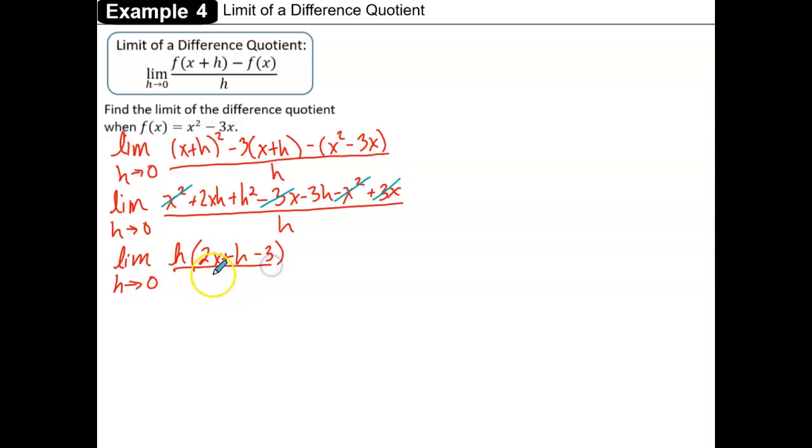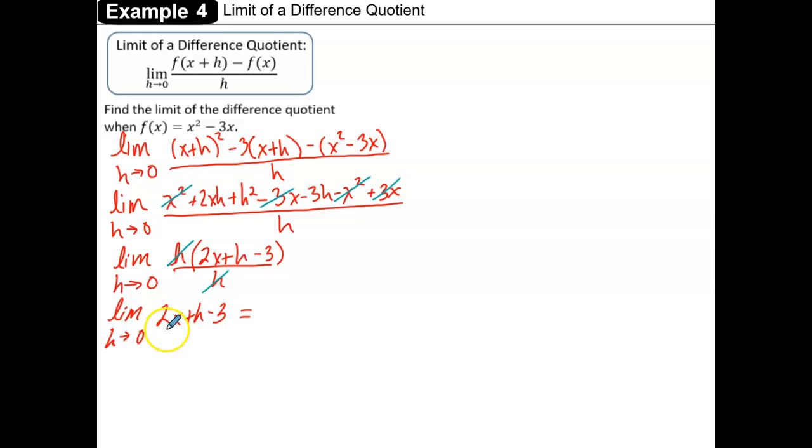And that's all divided by h in the denominator. And then I can see that my factors of h in the numerator and denominator will cancel. And we'll have the limit as h approaches 0 of 2x plus h minus 3.